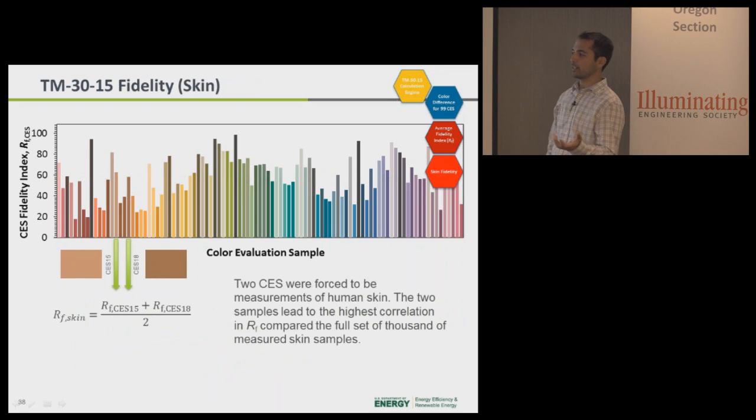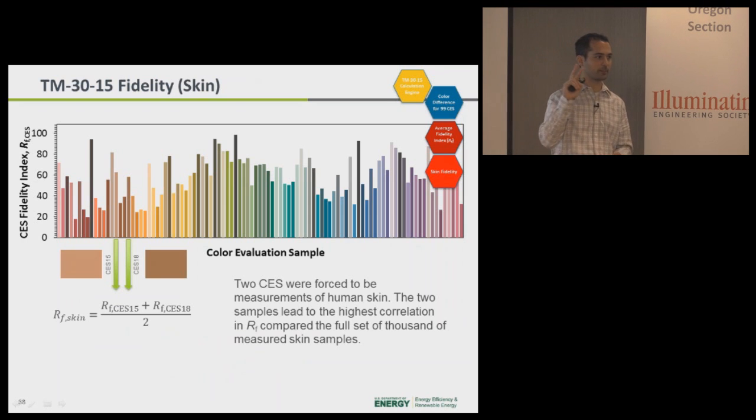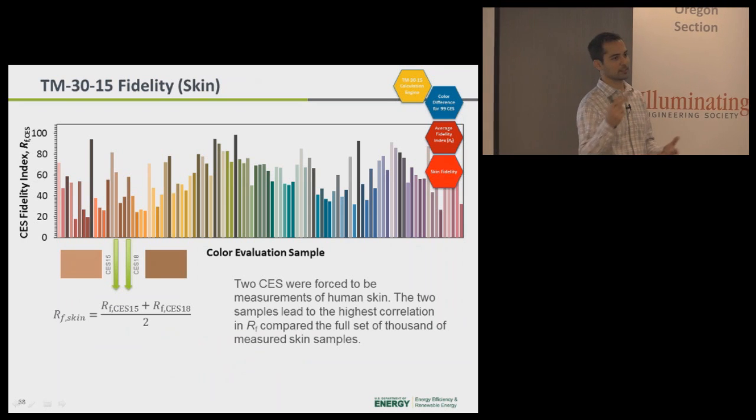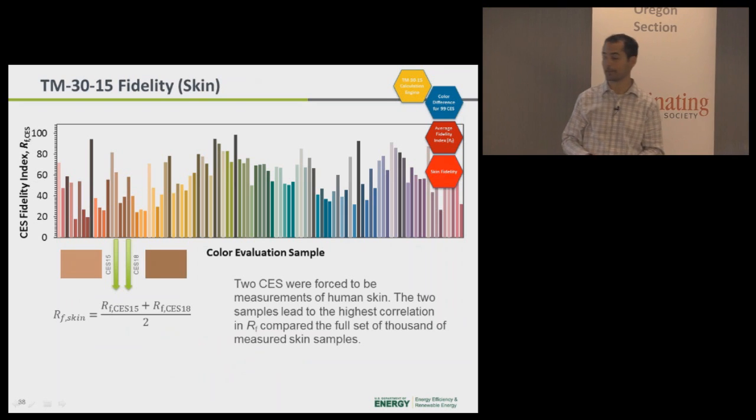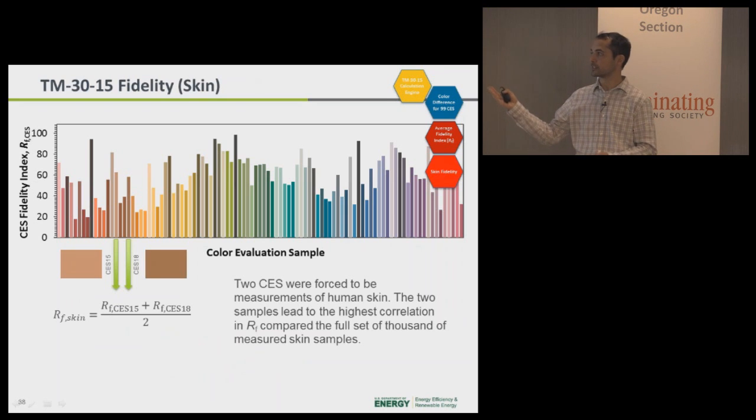So we also have a skin index, RF skin. So 2 of those samples were specifically made to be skin tones. That's something that's generally important to people in lighting. We just simply take the average of those 2 samples, their individual scores, and we can get RF skin. A lot of people ask, well, how do these 2 skin tones represent all skin tones?